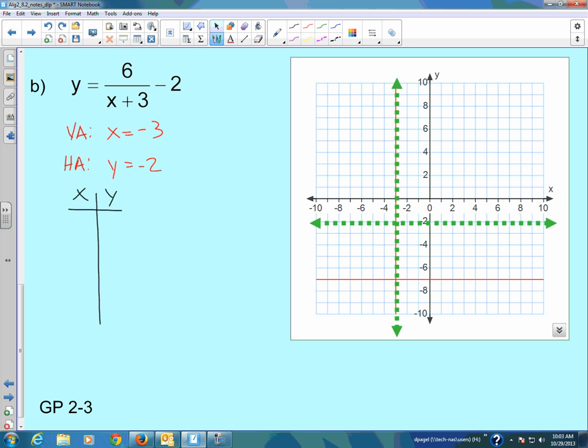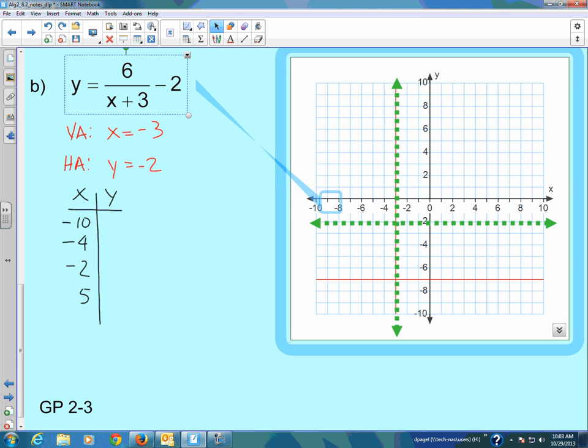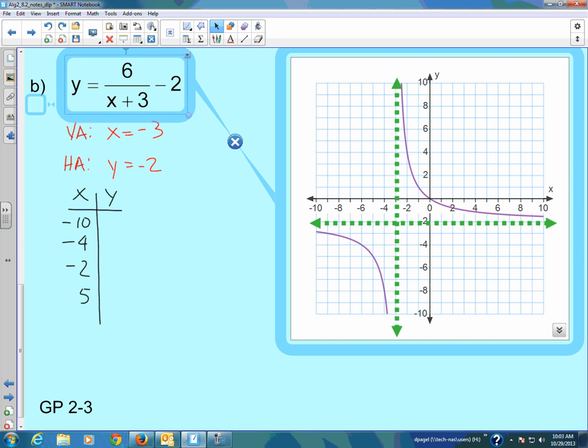Points: negative 10, negative 4, negative 2, and maybe a 5. And I test those and come up with my coordinates, and then connect those coordinates, and there's my graph.